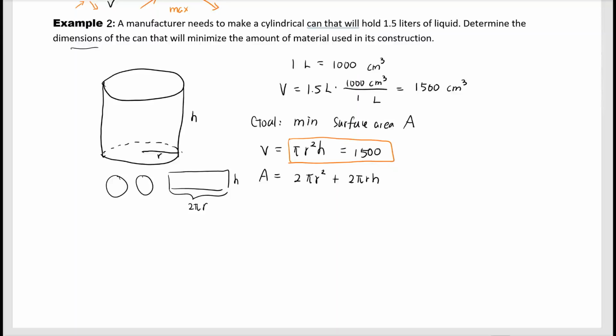Which one is easier? Yes, we express h in terms of r. This is easier because if you express r in terms of h, you need to take square roots. So we don't want to work with square roots. So let's express h in terms of r. So now we can plug in.